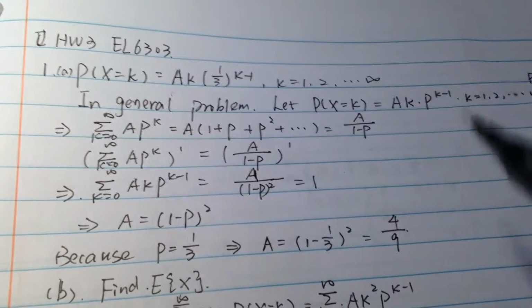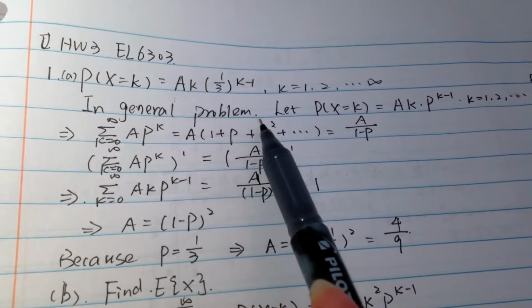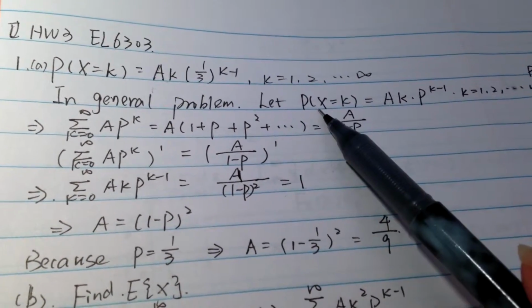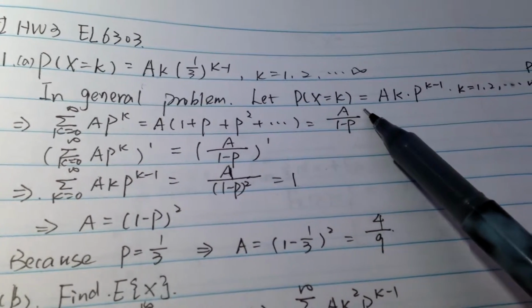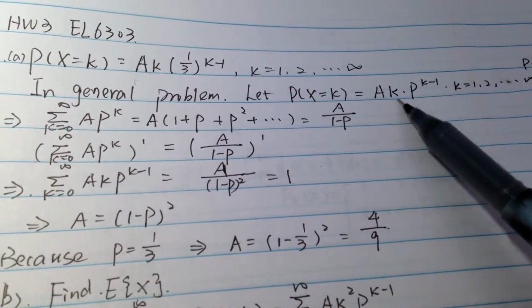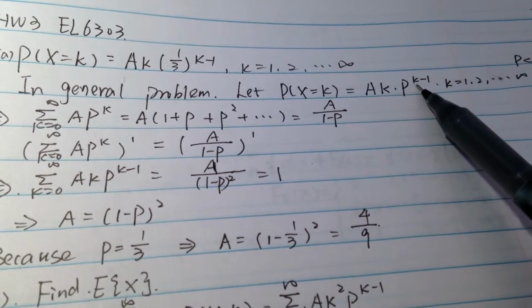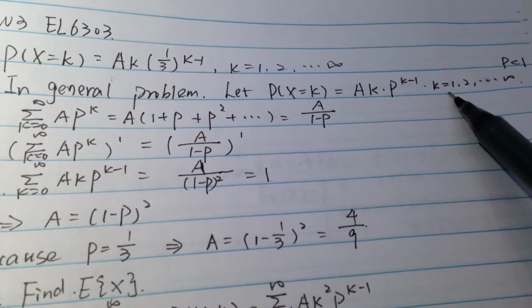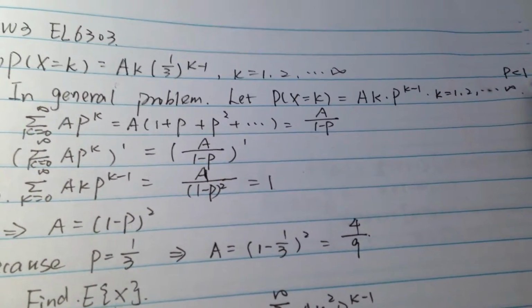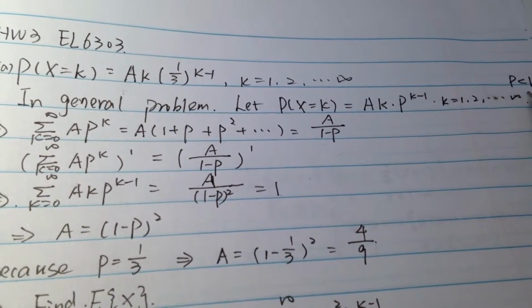function. In the general problem, let the probability of X equal k equal to a times k times p^(k-1), k equal to 1 to infinity, and p less than 1.